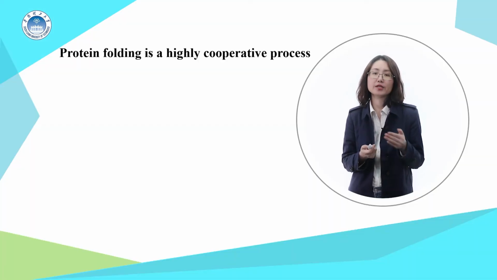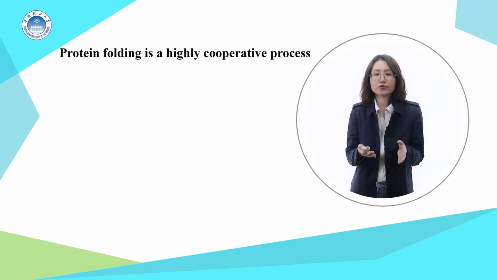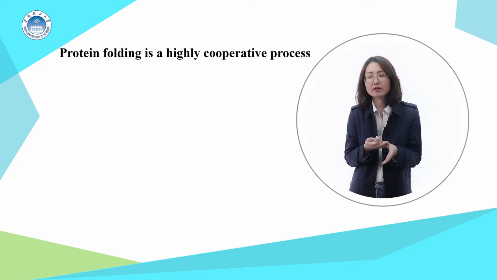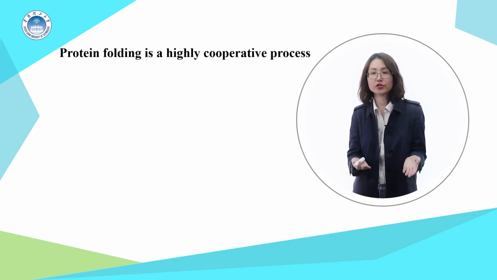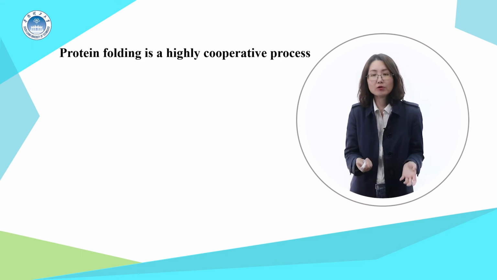Proteins can be denatured by any treatment that disrupts the weak bonds stabilizing tertiary structure, such as heating, or by chemical denaturants such as urea or guanidinium chloride.